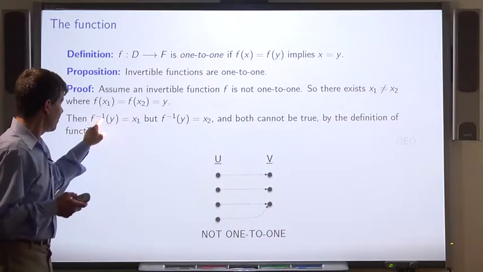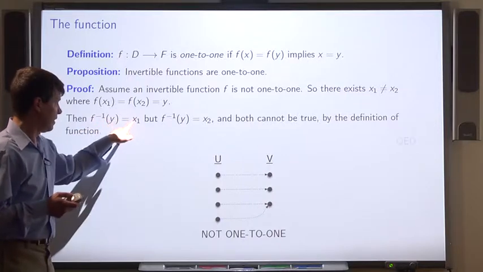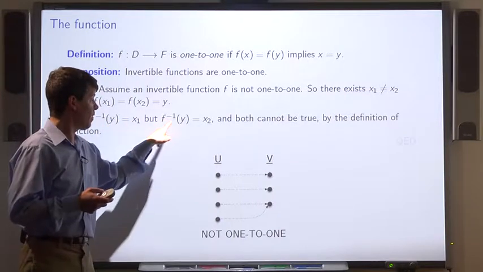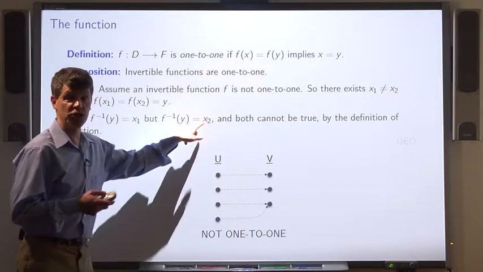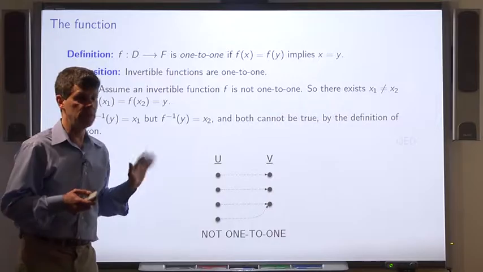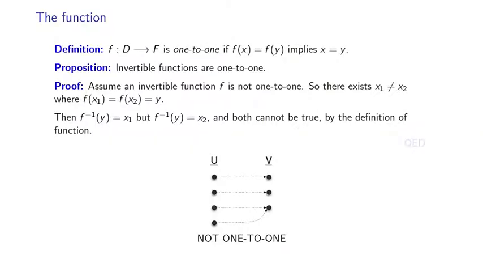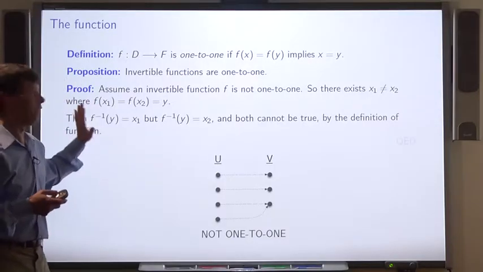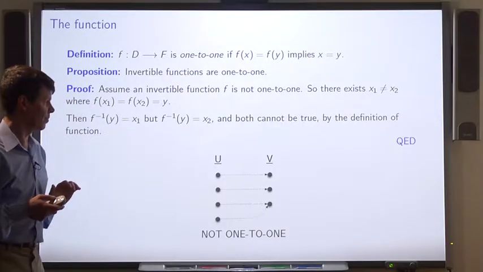The inverse of f applied to y is x1, but the inverse of f applied to y is also x2, by definition of the inverse. And both can't be true. A function, such as f inverse, has to have only one image for each input. So that proves the proposition.